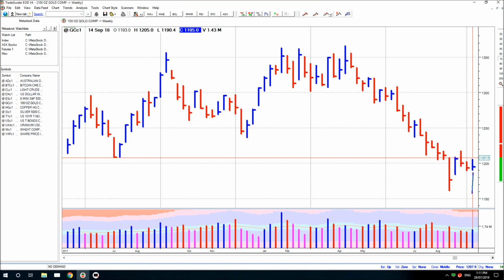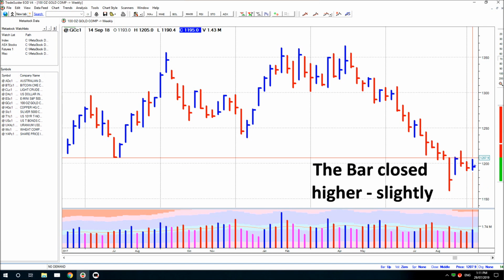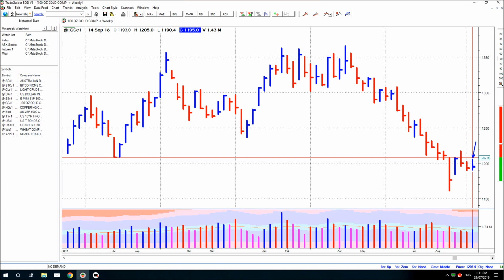But it wasn't. The bar actually went up slightly. There was no huge amount of demand in the market. That's why it's not closed right up there, at its high. But it actually made a small amount of ground on an increase in volume. This was more than likely some consolidation, some absorption.